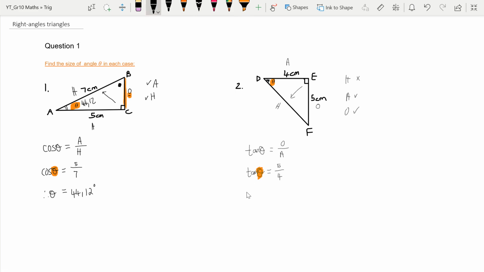So into your calculator, you tell it shift tan, and then we give it that ratio, which is 5 over 4, opposite over adjacent, and then it spits out the size of the angle. So my theta has a size of 51,34 degrees rounded off to 2 decimal places. So we just found that angle.